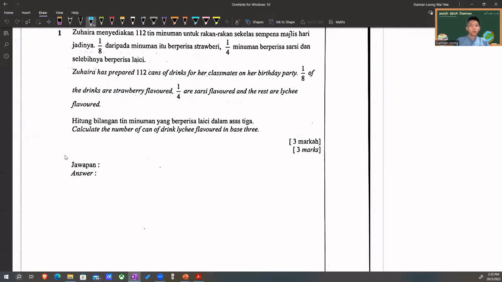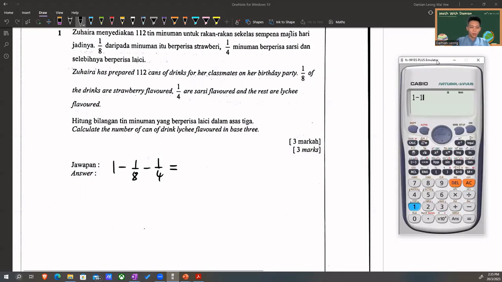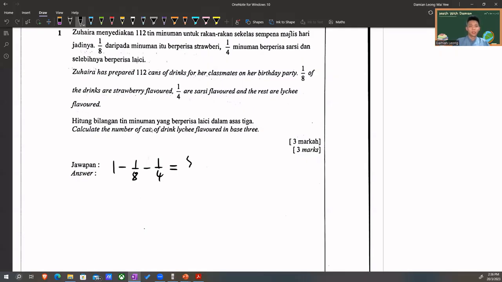So let's take 1 minus 1/8 minus 1/4. So we can count that: 1 minus 1/8 minus 1/4, and I get 5/8. So 5/8 is the fraction for lychee flavored drinks.